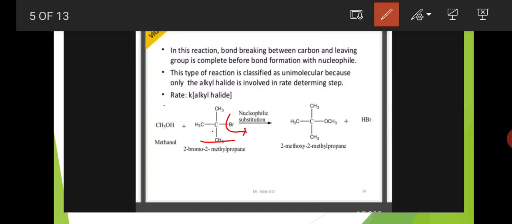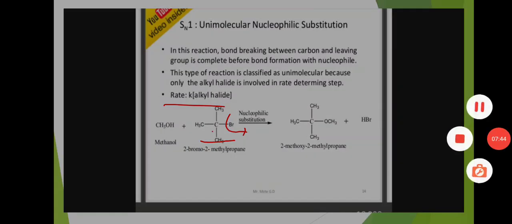Rate equals K into alkyl halide. For example, methanol CH3OH plus 2-bromo 2-methyl propane undergoes nucleophilic substitution to form 2-methoxy 2-methyl propane plus HBr. Okay students, this is the SN1 reaction.